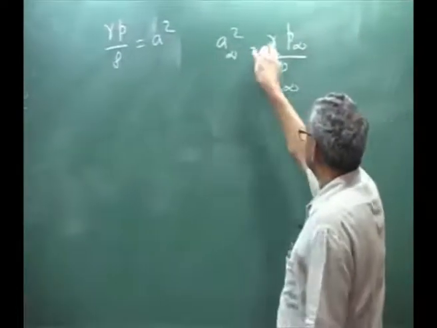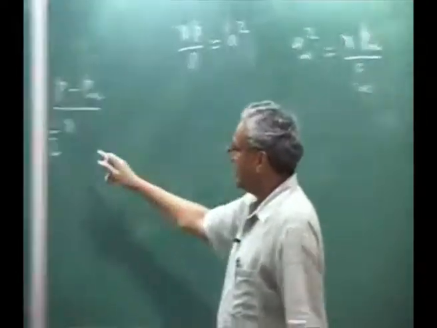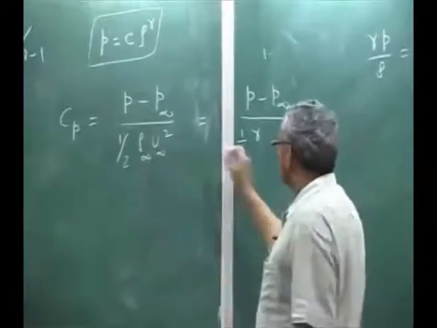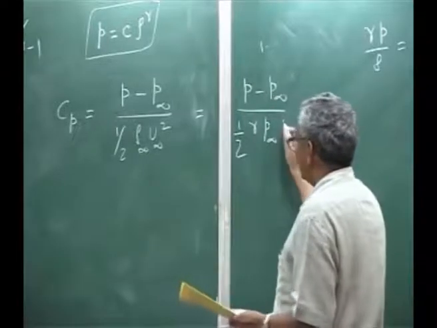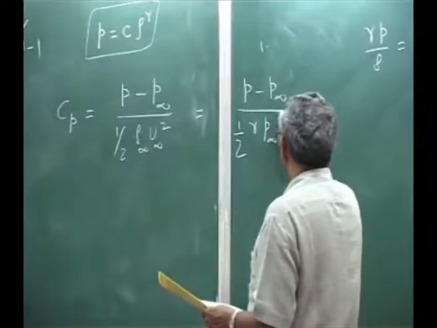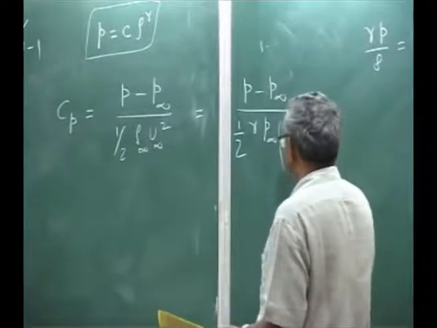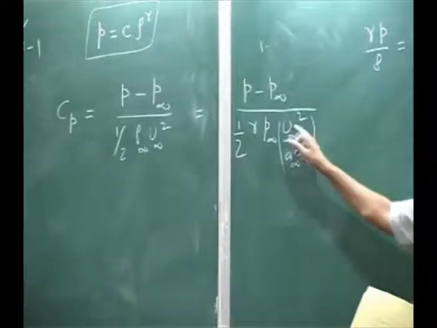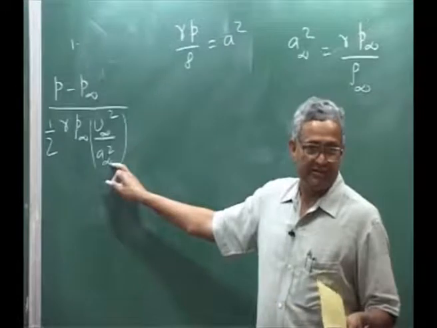So rho infinity is going to be gamma p infinity by A infinity square. I am going to substitute here gamma p infinity u infinity square over, okay. So this is nothing but Mach number, M infinity square.